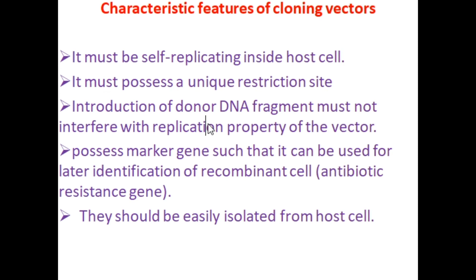Also, each and every vector should have a marker gene. We can also say genetic markers, such as antibiotic resistance genes, for example ampicillin resistance. The resistance gene or genetic marker is used to identify the recombinant.